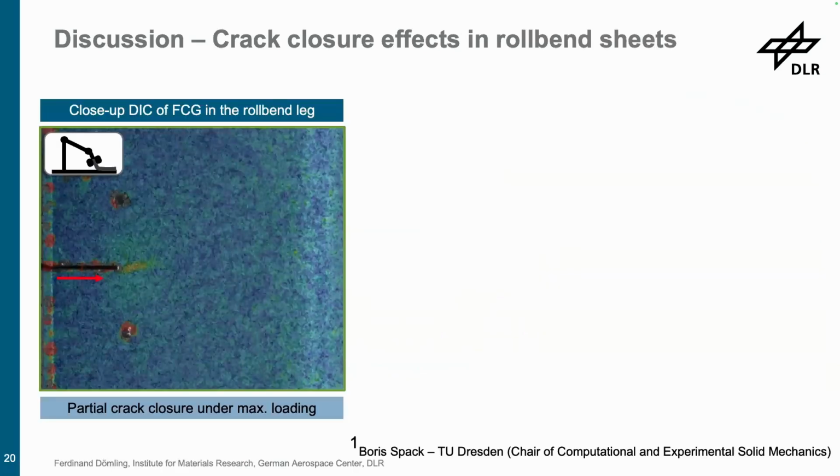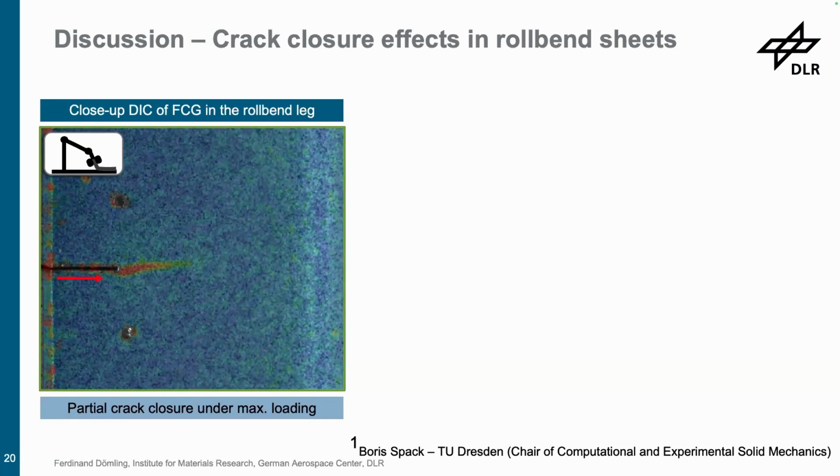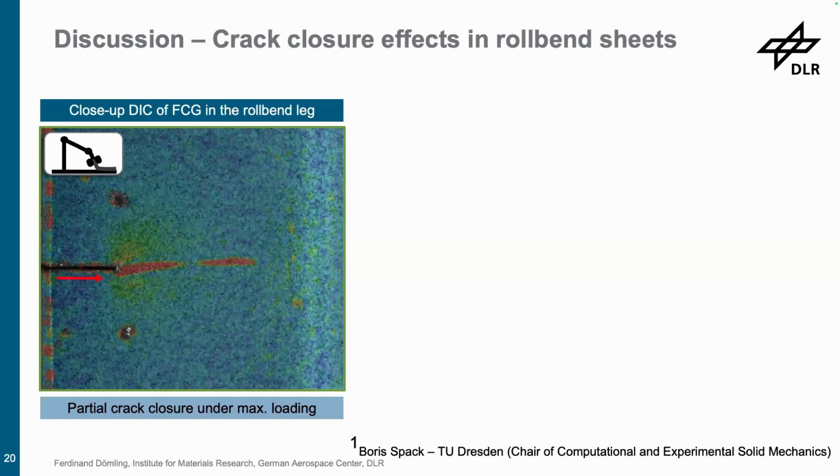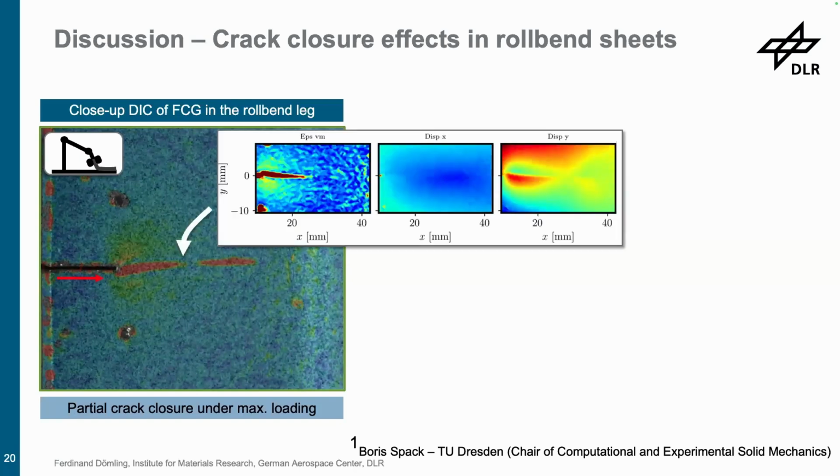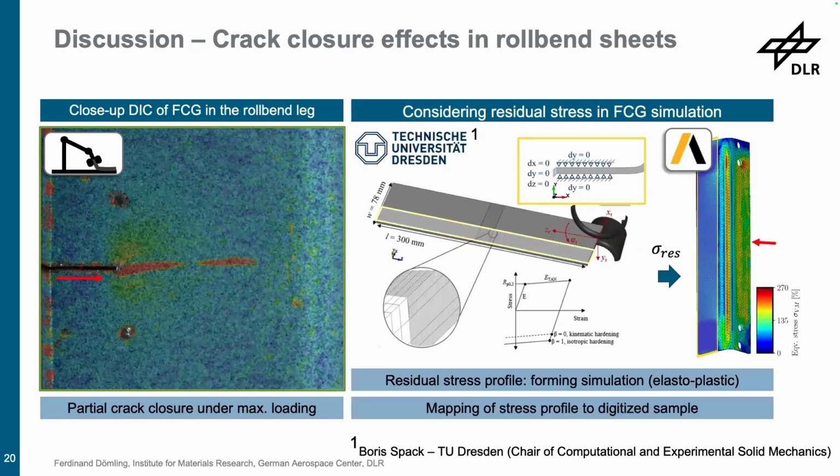And why could that be the case? We have that large amount of data, and when you check the inside of the sample, we see crack face contact actually. You can also see it in the displacement field. This is the strain field. And then we considered residual stress in our simulations.